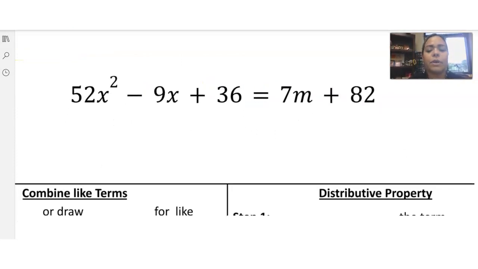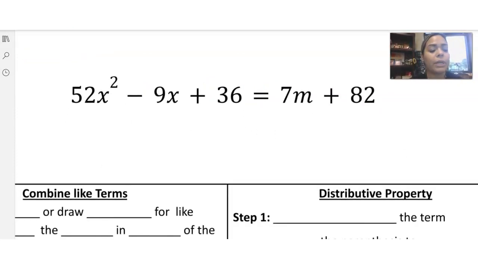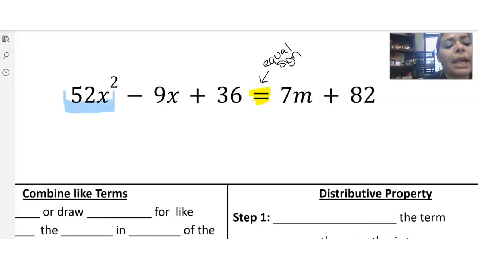So to continue, we have some important terminology that we need to know. Right now we know that this is considered an equation because of this equal sign. And then we have this number here. This number is considered a term. This is also a term. Notice how I'm including this negative sign.